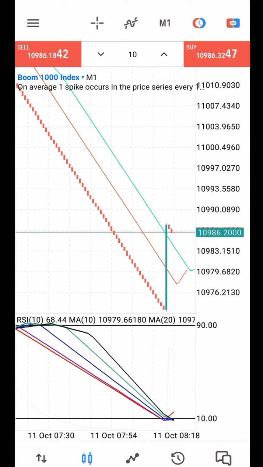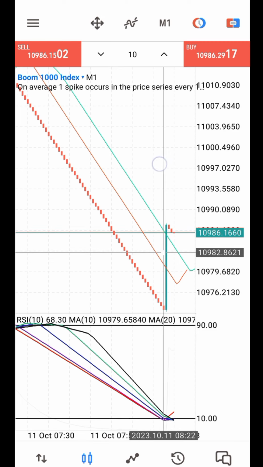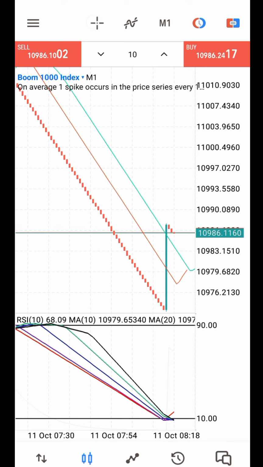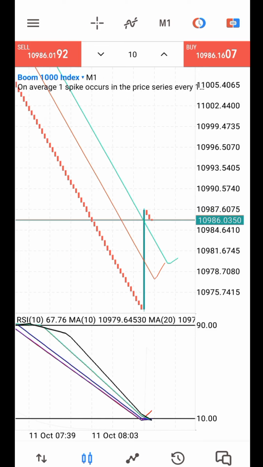You can see that I placed the buy here. In the blink of an eye, I just exited the video for like 2 minutes, and when I came back, I saw that the spike had happened already. So I closed the trade. Though I used 10 lots, it depends on the lots you use.